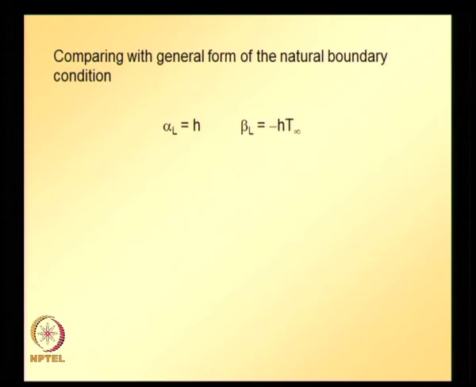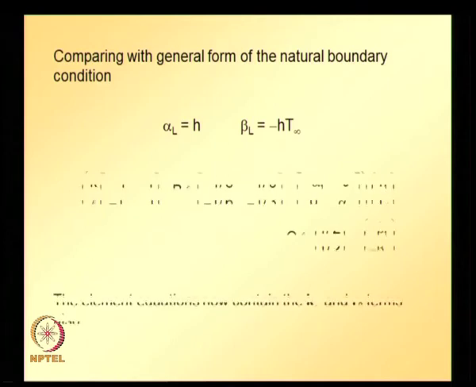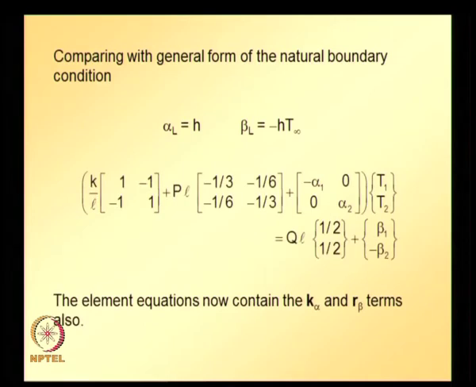Now with this natural boundary condition, that is the convection boundary condition at node 4, one of the ends, we can make a comparison with the general one dimensional boundary value problem and identify the corresponding coefficients or variables, and then develop the element equations for this particular problem.